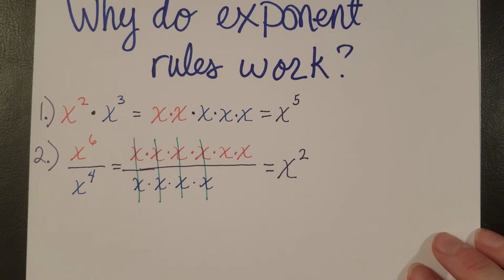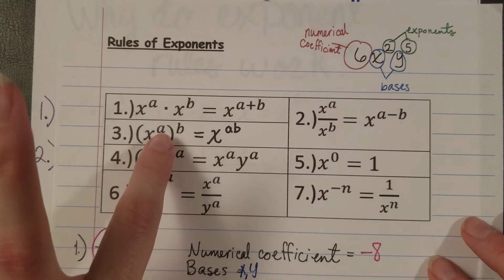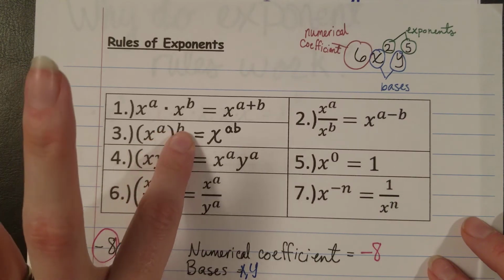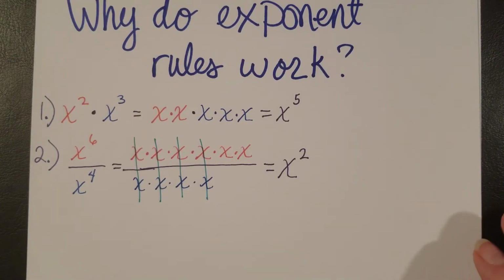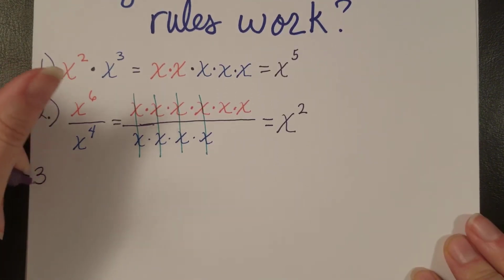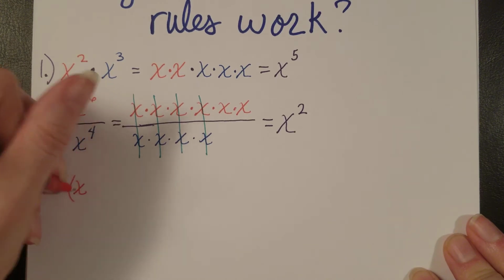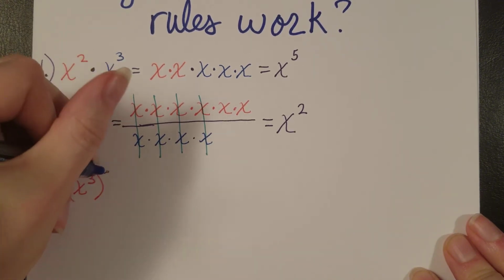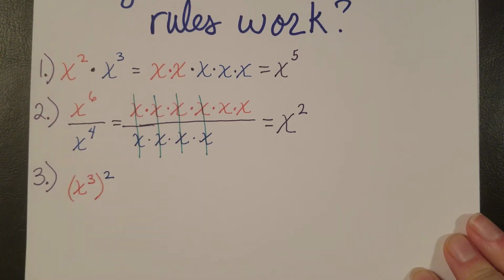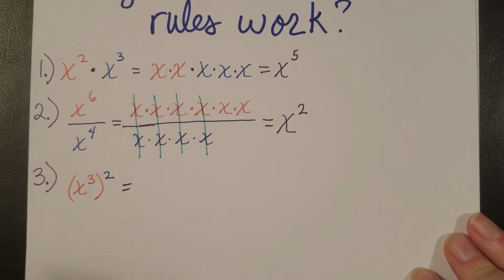And then let's see. Rule number 3 is telling us that if we have an exponent and we raise it to another exponent, we multiply the exponents. All right. So, for example, let's say we have x to the 3rd power squared. Okay, well, when you square something, you multiply it times itself.